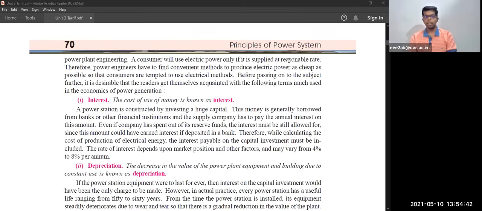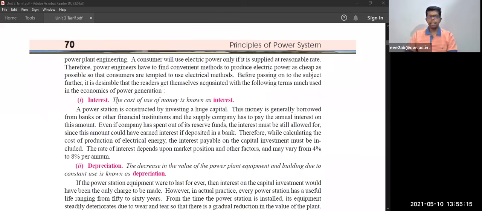In that scenario, many of us will not consume, and middle class families will consume very few units. They will not simply switch on any loads; they will only switch on their lights in the evening time. So the tariff should be in a reasonable state.